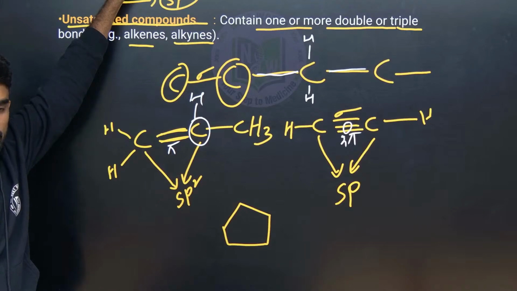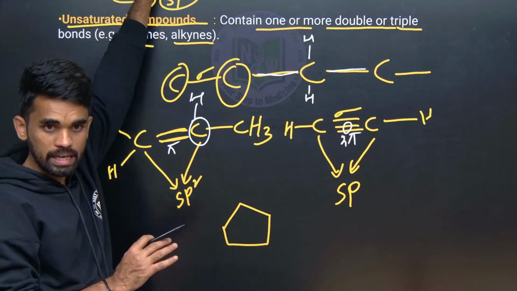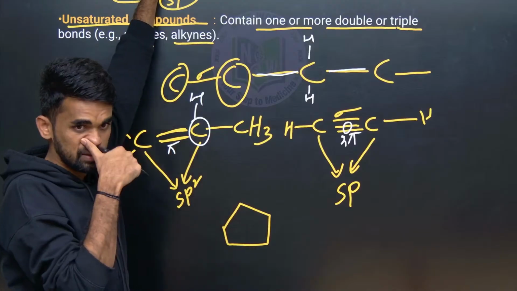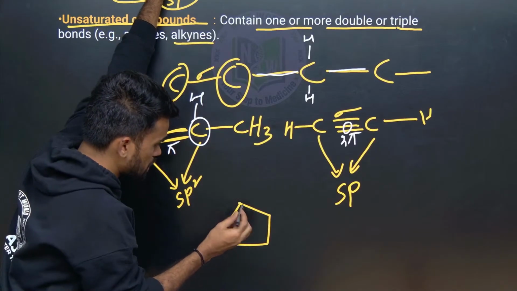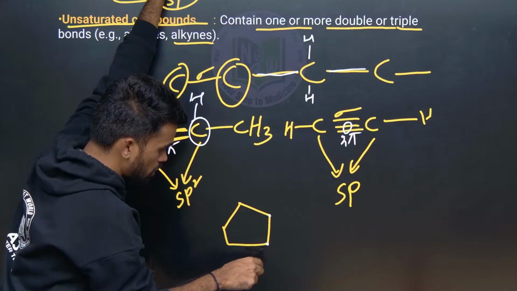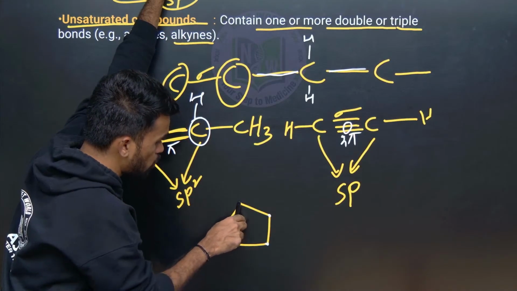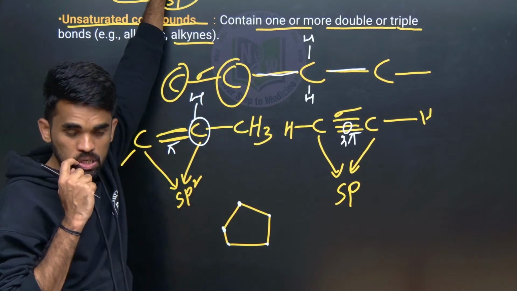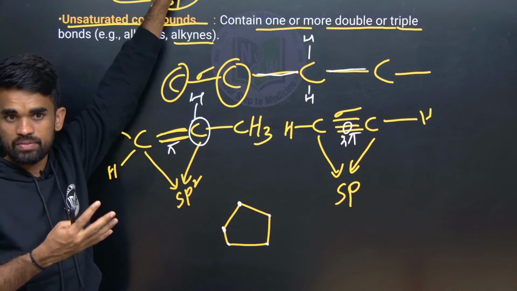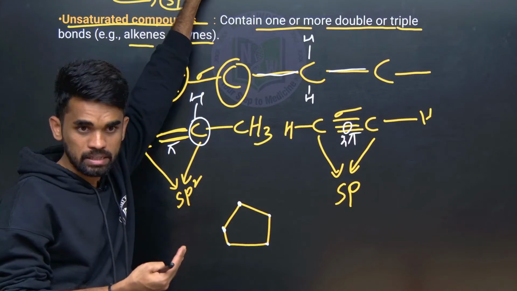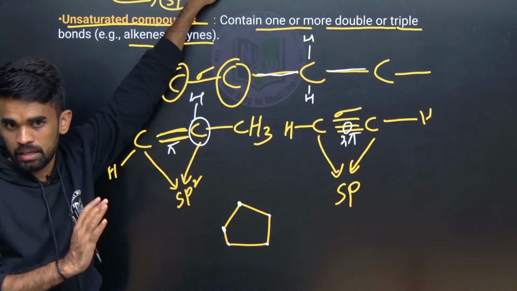Cyclo, so we can say alkane. Now how many carbons are there? See, each of these indicates a carbon atom. How many are there here? Five. So cyclo, five means we have five carbons, means we can say pent. So cyclopentane we can say.